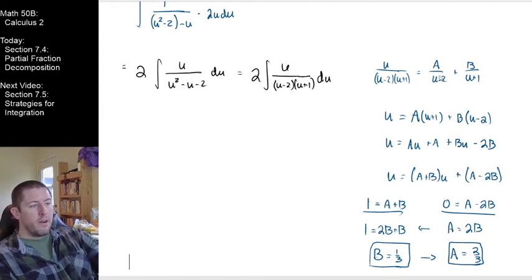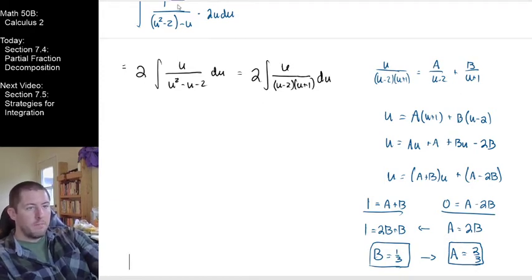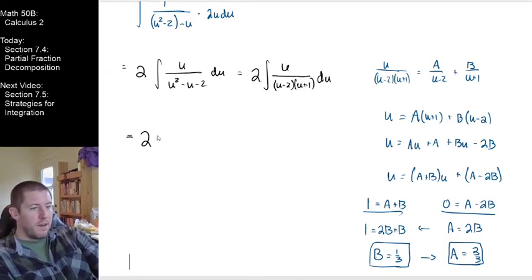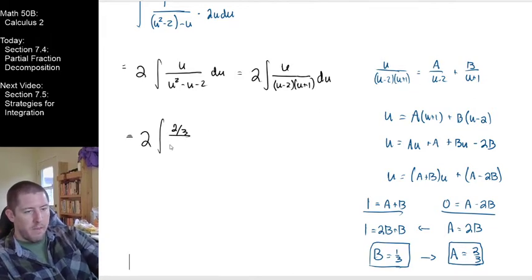So now I have a way to rewrite my fractions. Yep, and that 2 is sitting out front. It looks like this is now 2 times the integral of A was 2/3, so 2/3 over U minus 2, plus B was 1/3, and that's over U plus 1.